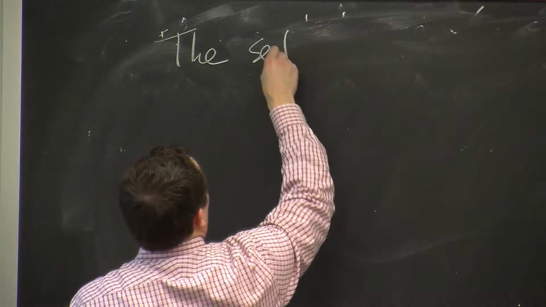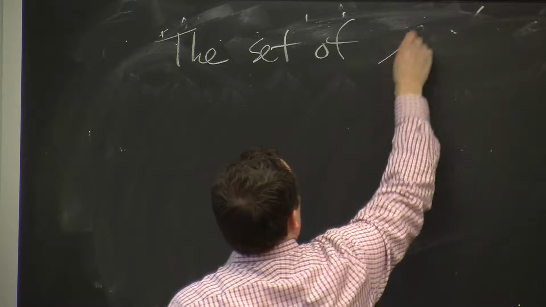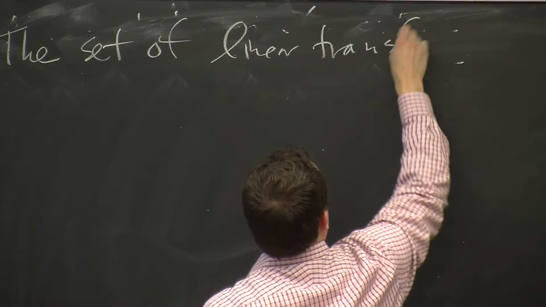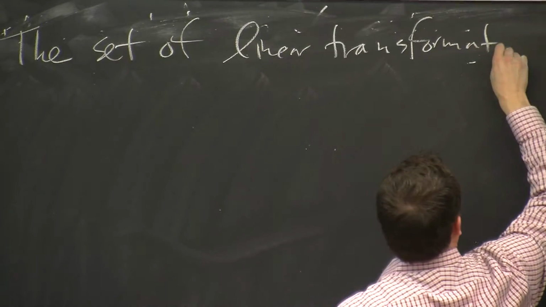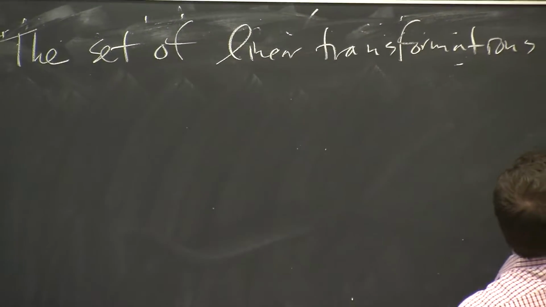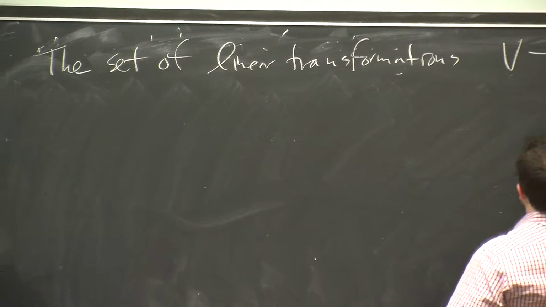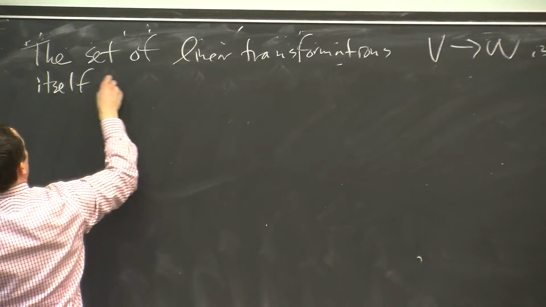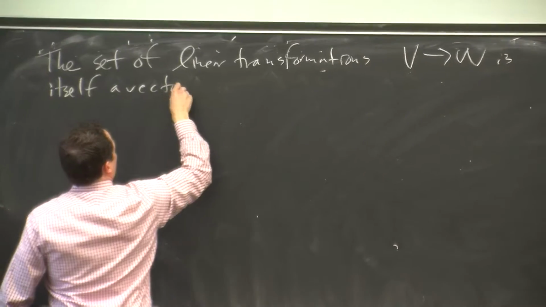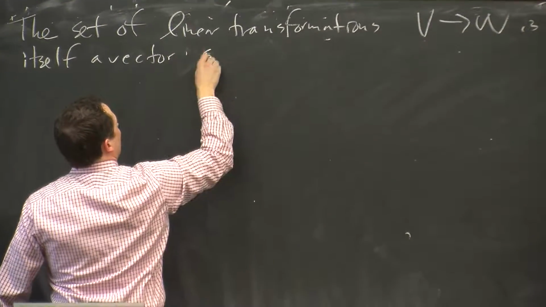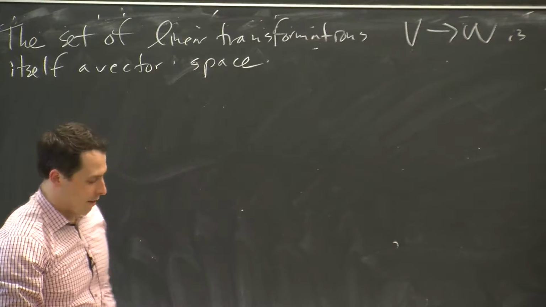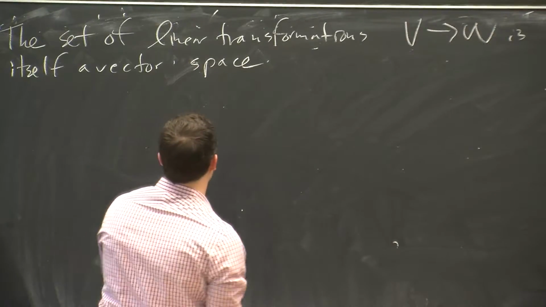It's itself a vector space. The set of all linear transformations from one vector space to another is again a vector space.